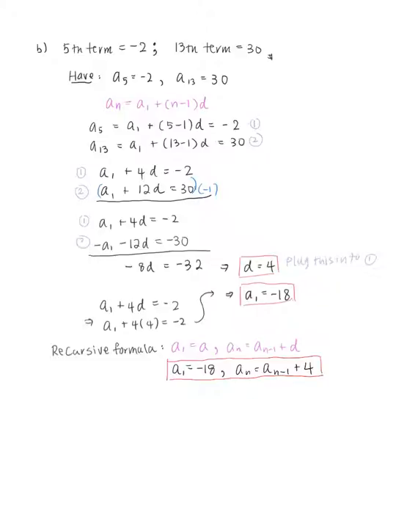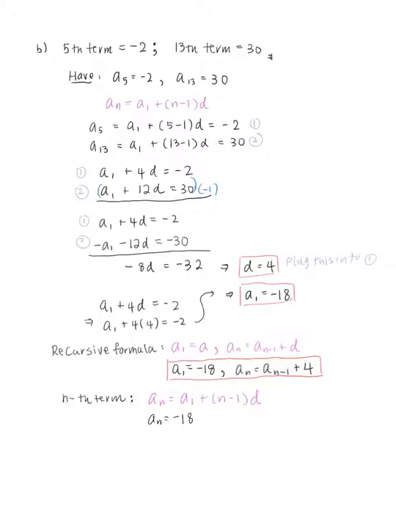Alright, now what do we have to do? The nth term. The formula for that is a sub n equals a sub 1 plus n minus 1 times d. Okay, so for this particular problem, we're going to have a sub n equals, a sub 1 was what? Negative 18.